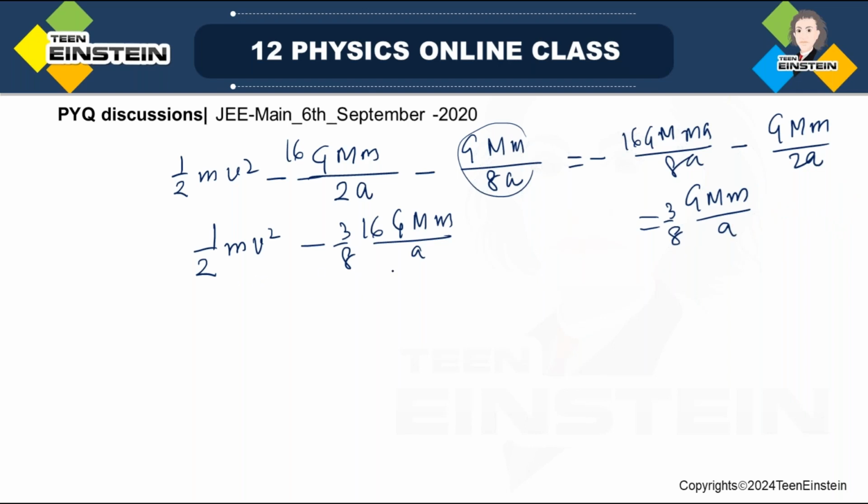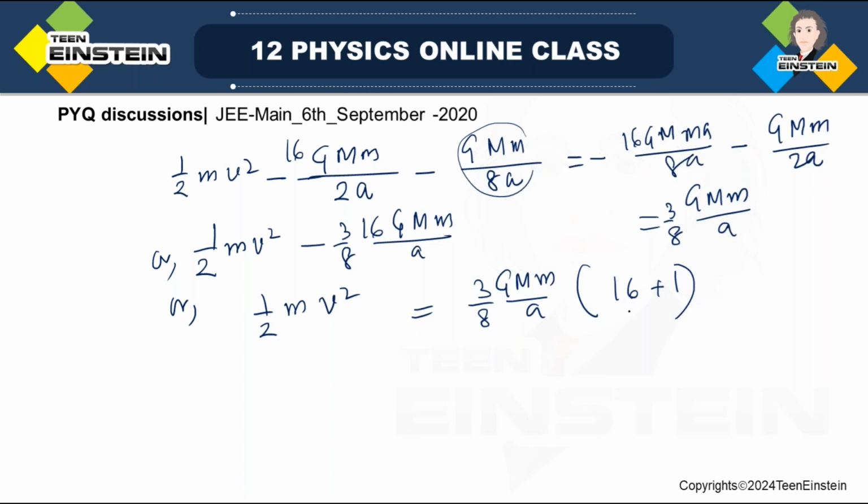Now if I take all this together, half mv square equals 3 by 8 GMm by A, so this will be 16 plus 1, I'm sorry, this 3 by 8 16.